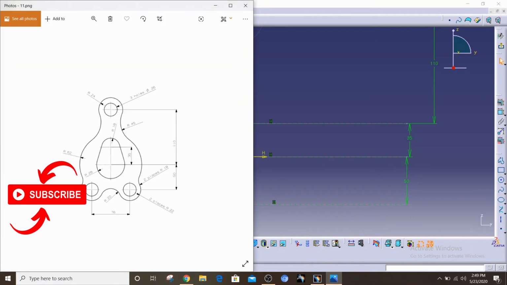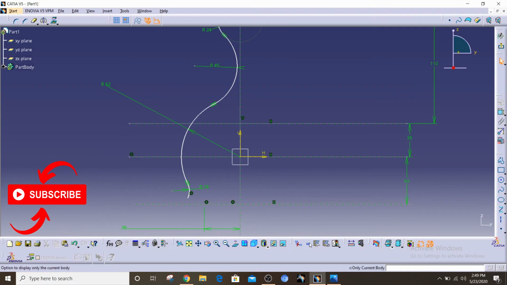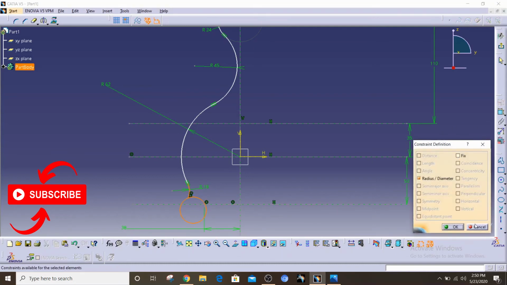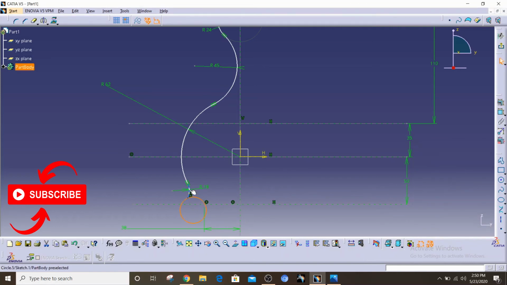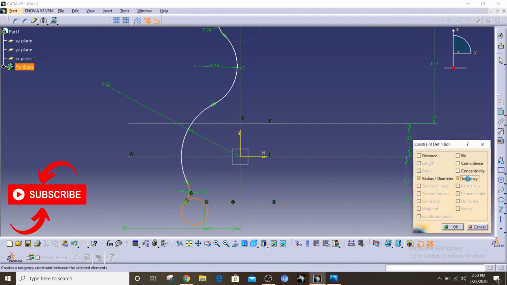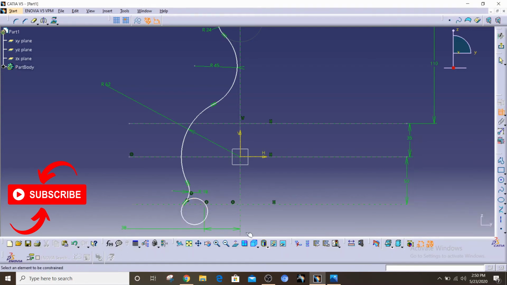So I'll make these two coincident. Wait a second. This and this has to be tangential. There you go. Okay, and then we have the radius, which is gonna be 22 units.